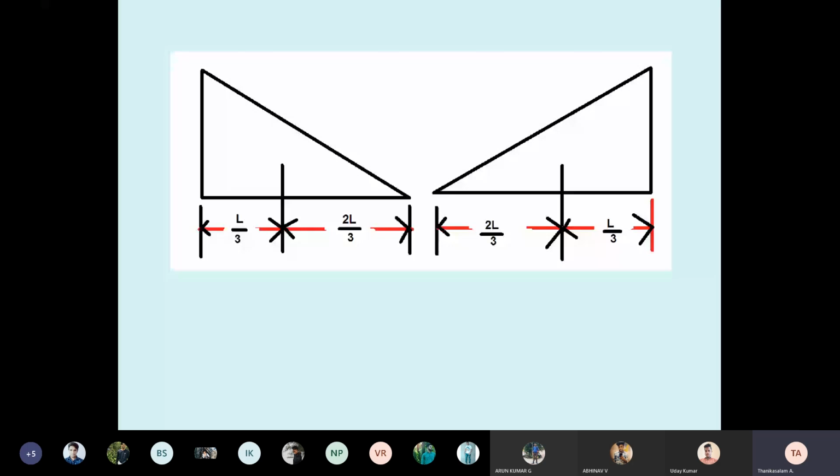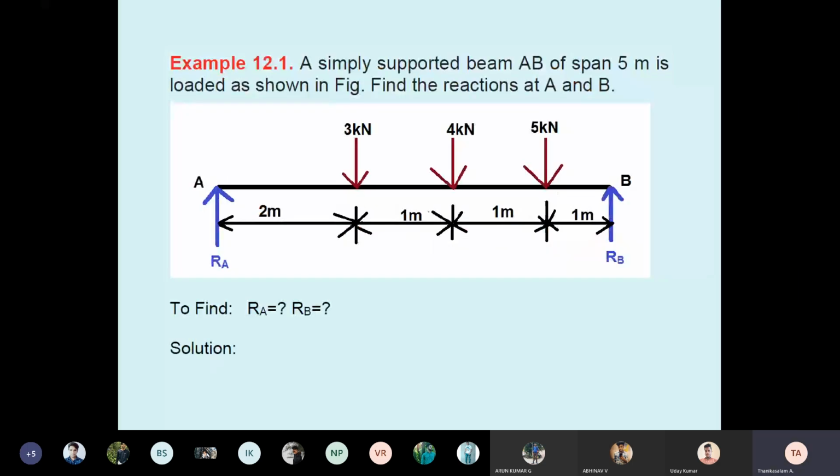Now we are moving to problems, very simple problems. Arun Kumar, can you read the question? Yes, sir.